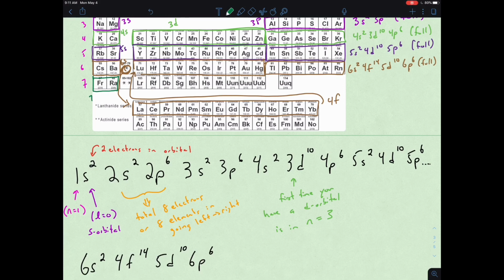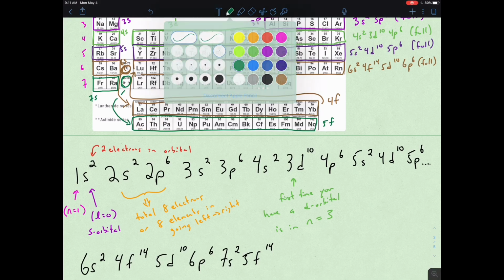So there's our 7s. We then find again this idea of coming down now to the actinide series. So we're then also filling in the 5f that we see here. So we would start with our 7s2 and then our 5f14.